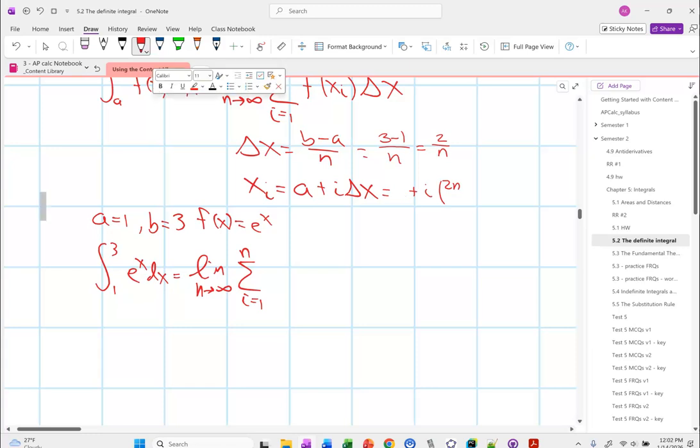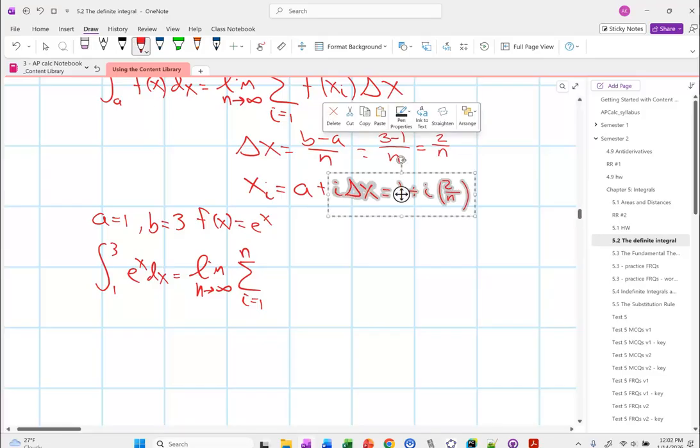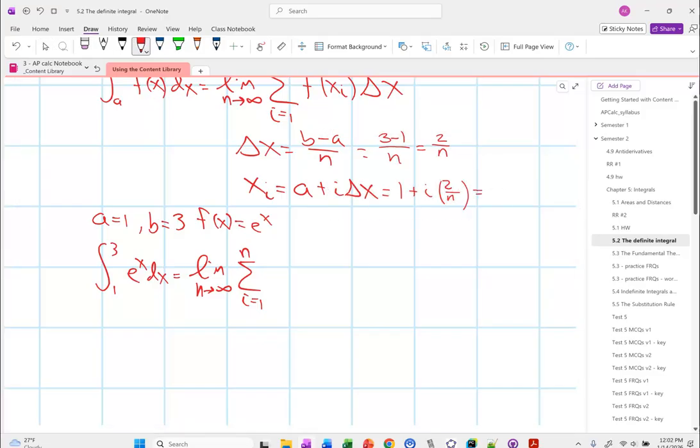Oh, not 0, sorry, a is 1. And if I simplify that down, I'm going to write it this way, just so it's a little cleaner. So we have then the sum of f of xi, right? So I'm going to take my xi and plug it into f, and then times delta x.